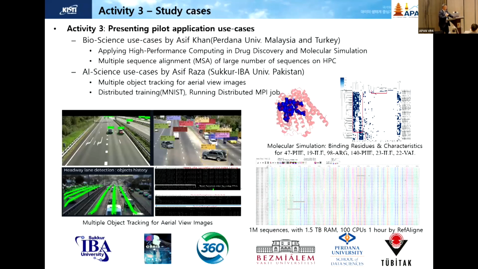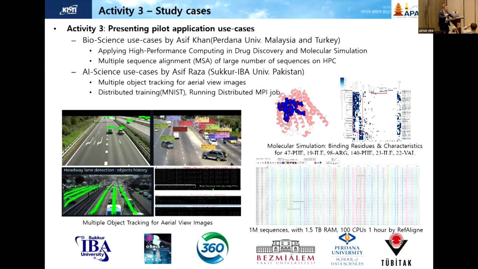The first is the AI science use case by Asif Plaza from Sarkai University in Pakistan: multiple object tracking for aerial view imaging and distributed training, such as MNIST, running distributed MPI jobs.